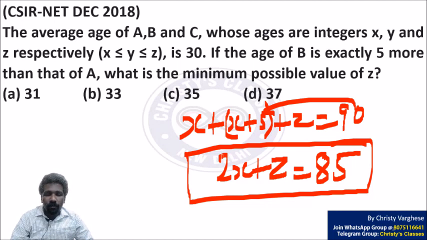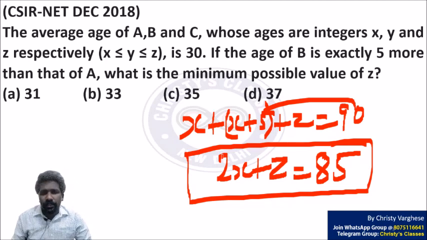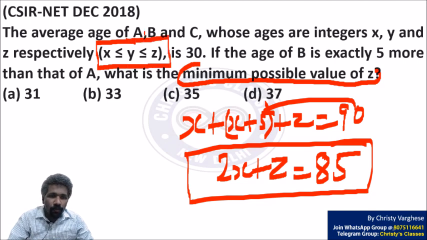But the problem is, one equation and two unknowns you have to solve. So you will not get a consistent solution, but that is where the question is asking the minimum possible value of z. But remember one thing, this is a condition that is very important to follow: the inequality x less than or equal to y less than or equal to z.